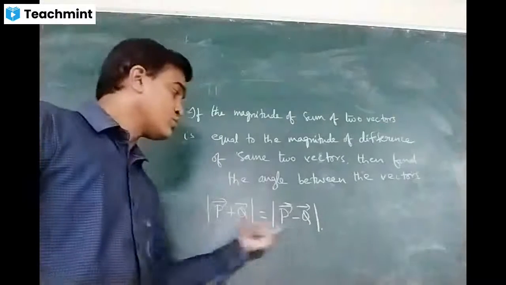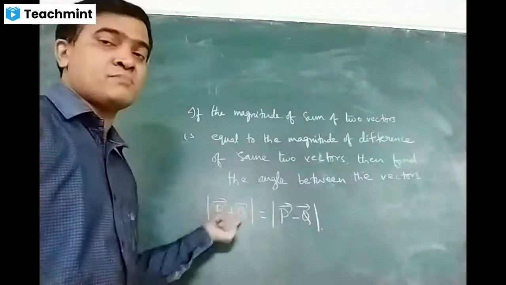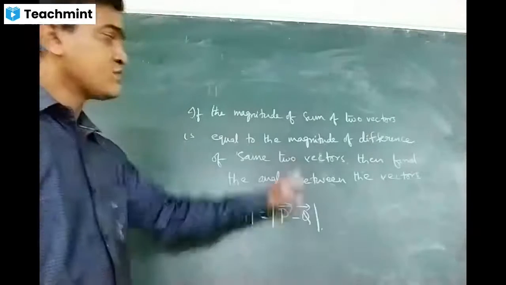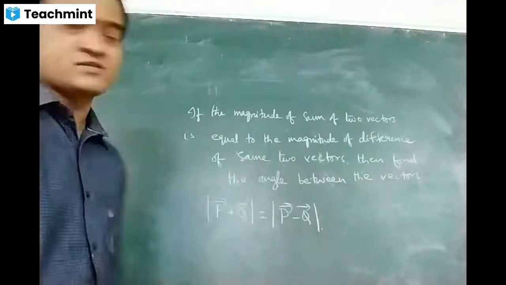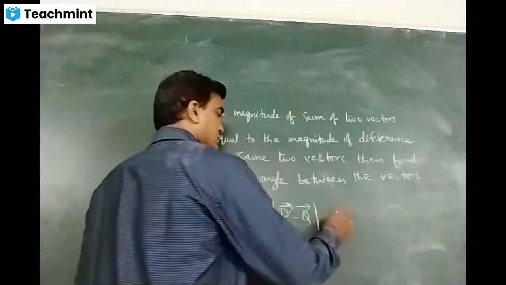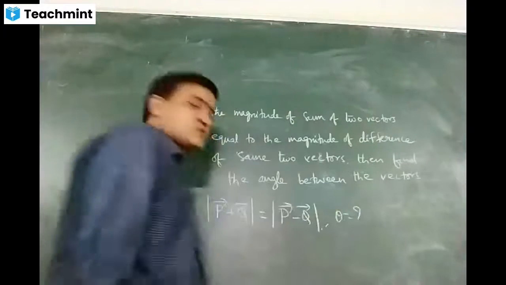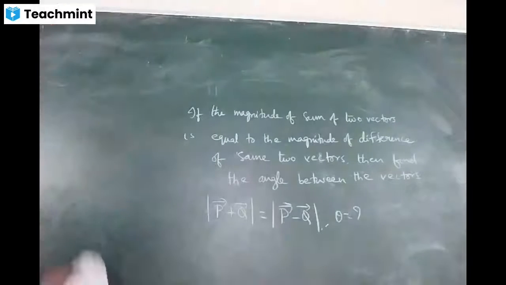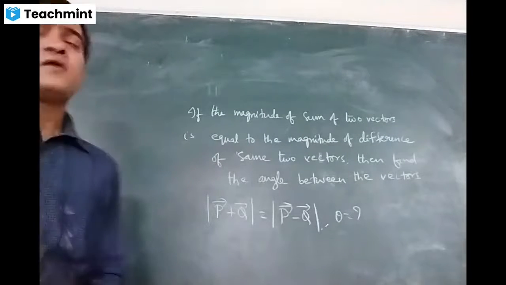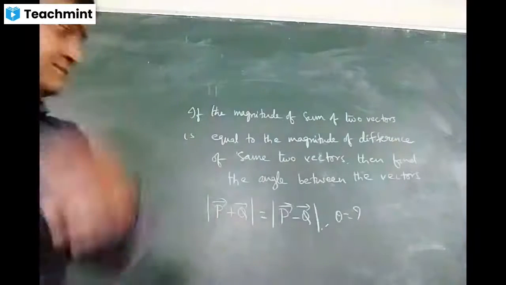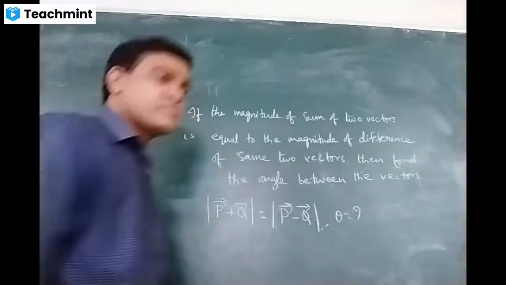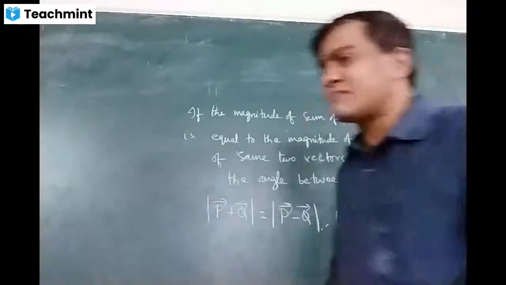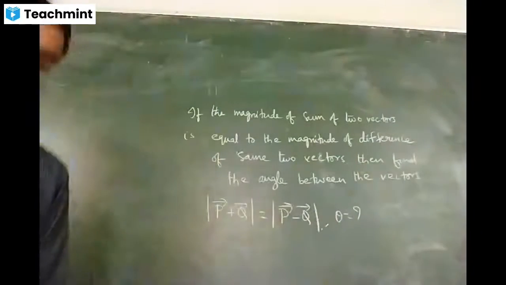When these two magnitudes are the same, what I require is the angle between the vectors. Theta is equal to how much? Let us try how to do this. Modulus of P bar plus Q bar, can I write R bar? Yes, sir.